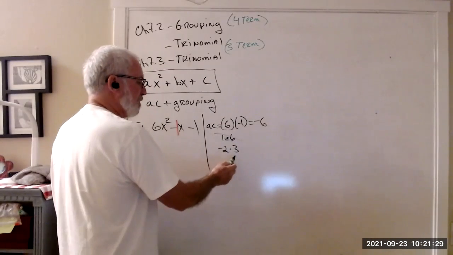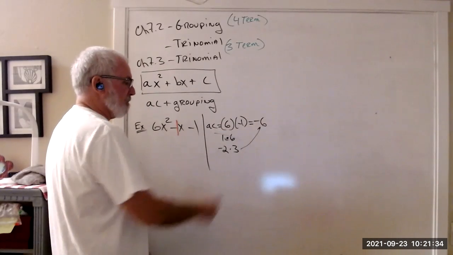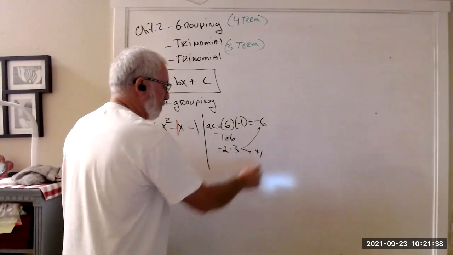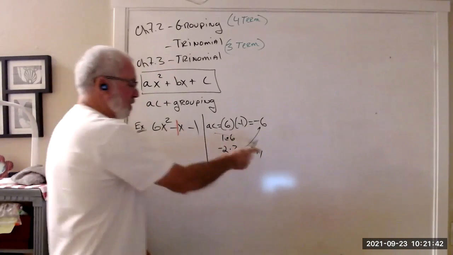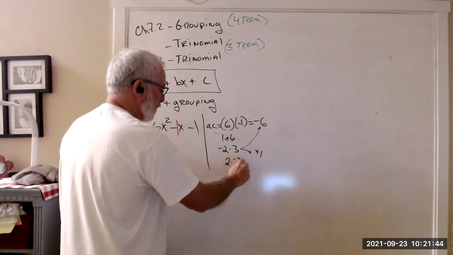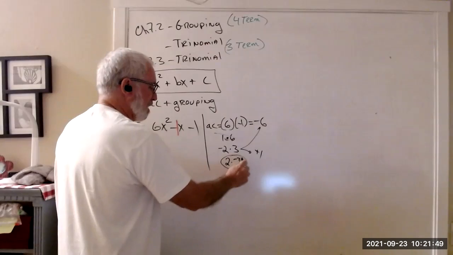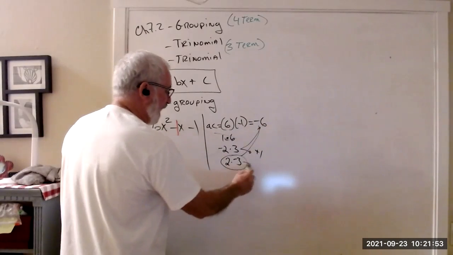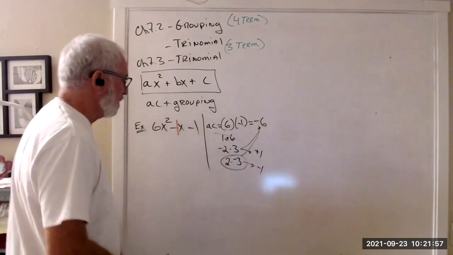Negative 2 times 3 multiplies to negative 6, but negative 2 plus 3 adds to a positive 1. I need a negative 1. So we say, oh, that's 2 times negative 3. 2 times negative 3 multiplies to negative 6 and adds to negative 1. That's what I want right there.